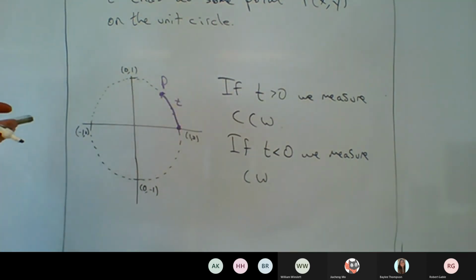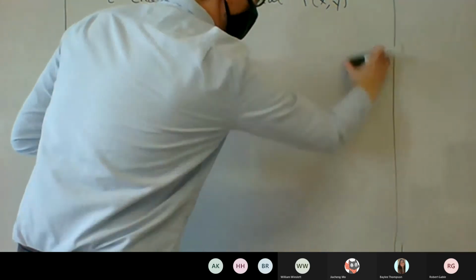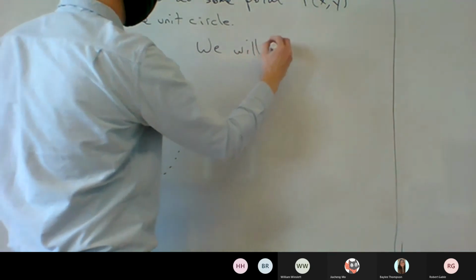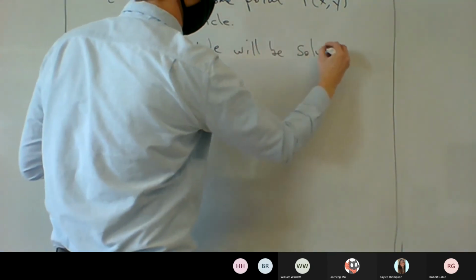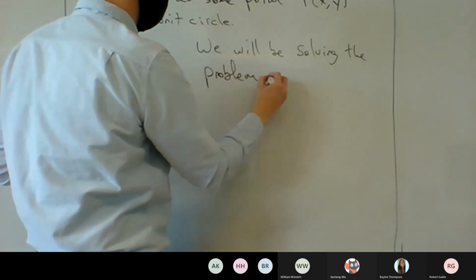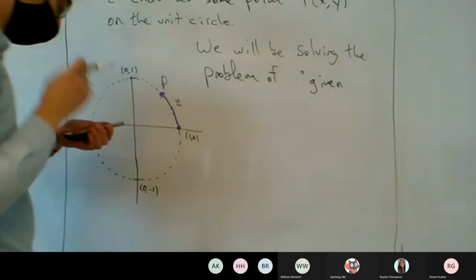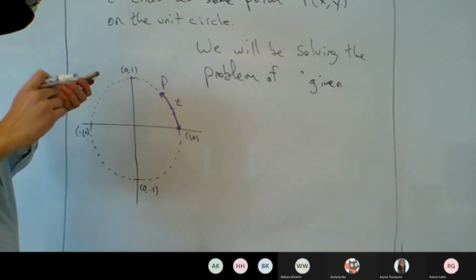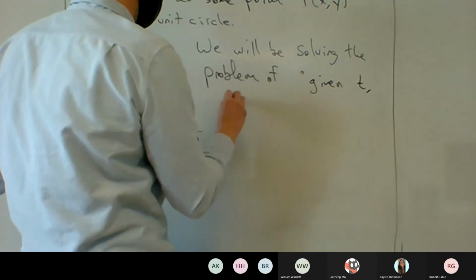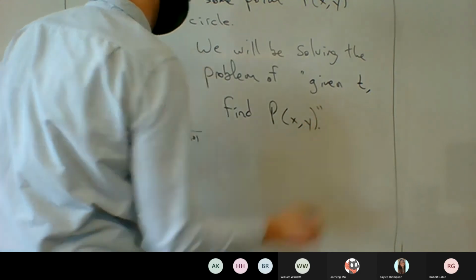So here's the big idea. Here's what we're going to be doing in section 6.1. We will be solving the problem of: given t, find P of xy.